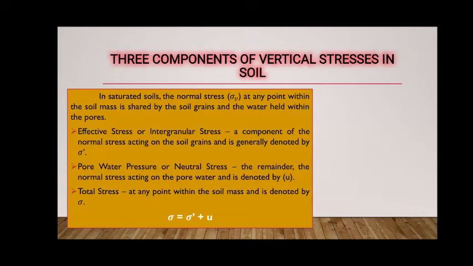Last but not the least is the total stress. It is the stress at any point within the soil mass, and the formula is total stress equals effective stress plus pore water pressure.